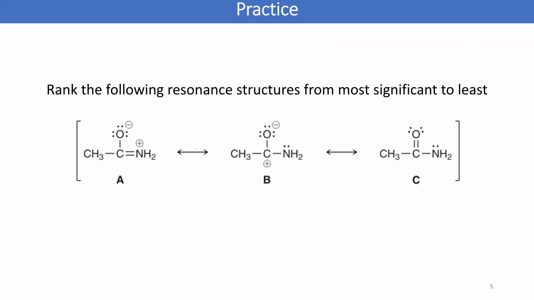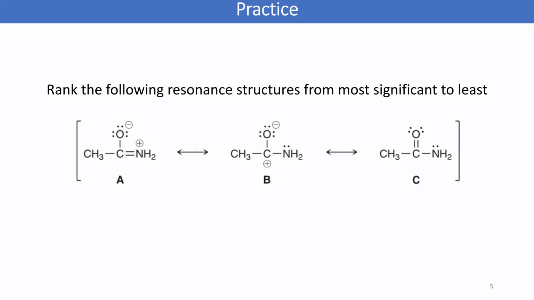So if the resonance structures are drawn for you, let's try and rank them from most significant to least. If two of them are about the same, you can say they're approximately the same. People claim that the most significant is no charge, but no net charge is not the same as having no charge at all.